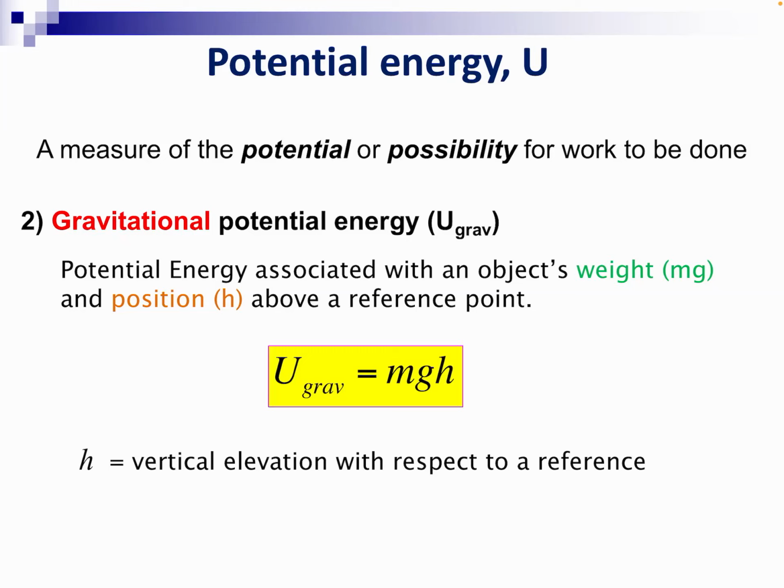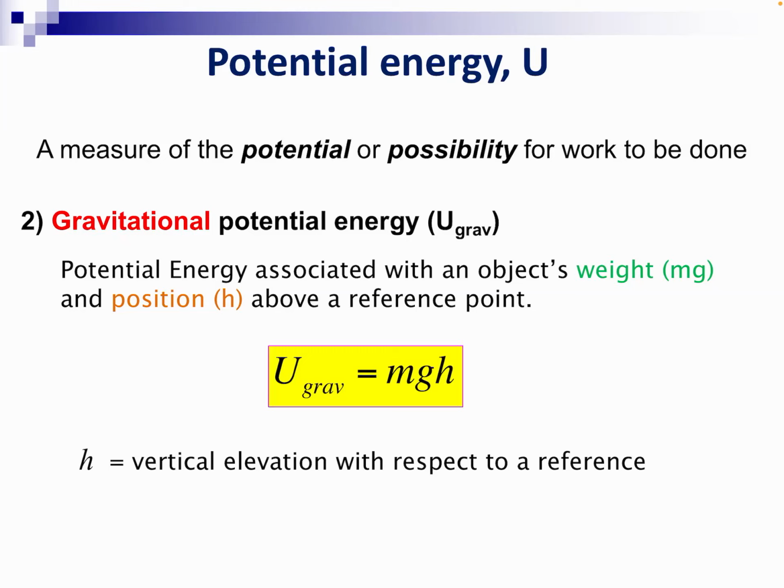The energy I used in doing work to lift this ball up is stored as gravitational potential energy, so that the gravitational force will then have the potential or possibility to do work on the ball. Once I let go of the ball, the gravitational force will then pull the ball downwards.